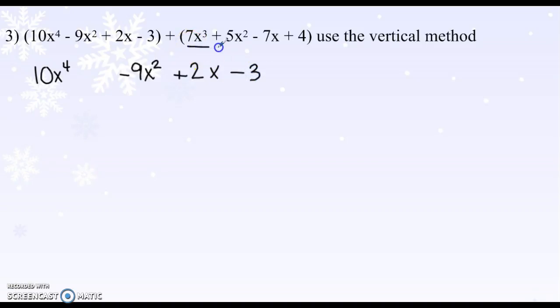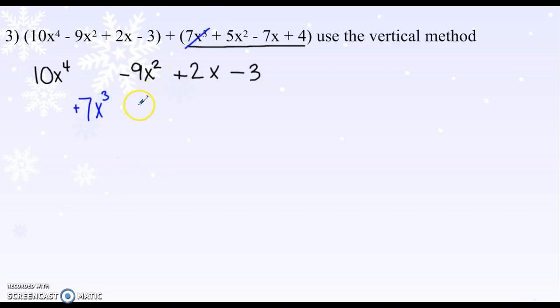And then what I'm going to do is copy this polynomial down, 7x cubed plus 5x squared minus 7x plus 4, and I'm going to rewrite that under the things that they have in common. So a 7x to the 3rd, there's no x cubed up here, so I'm just going to write positive 7x cubed where we left this gap.